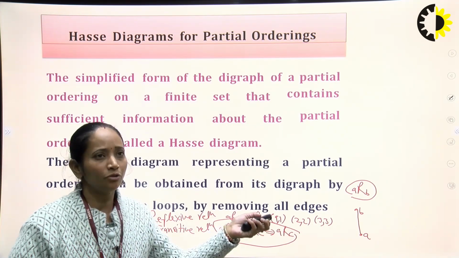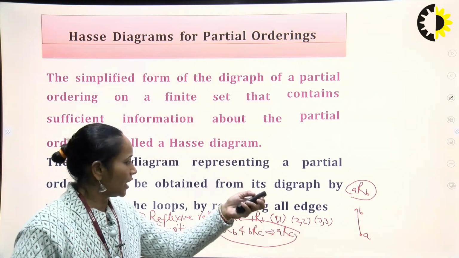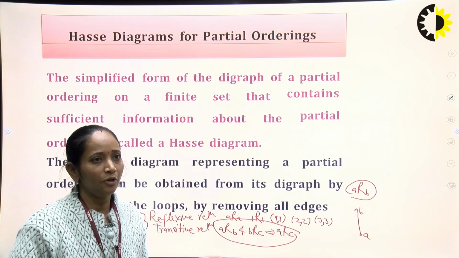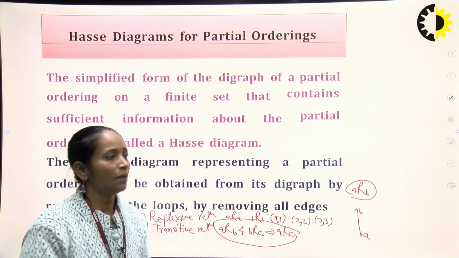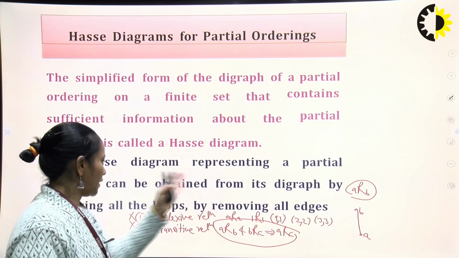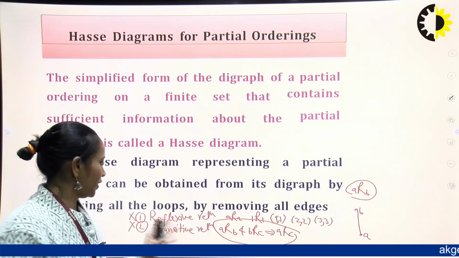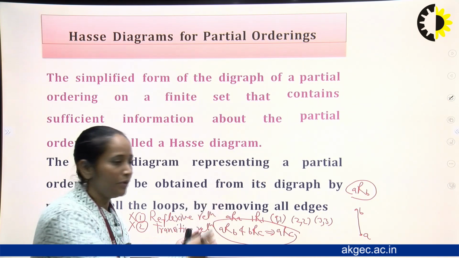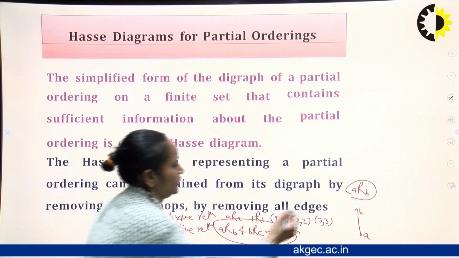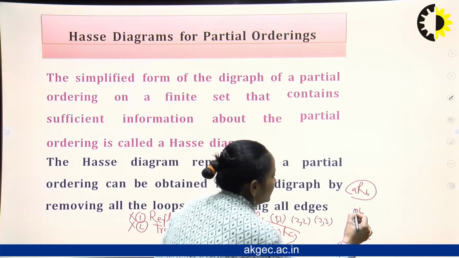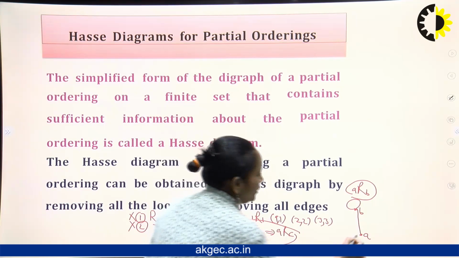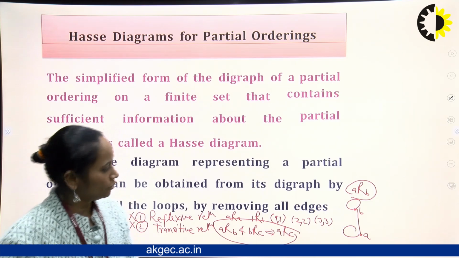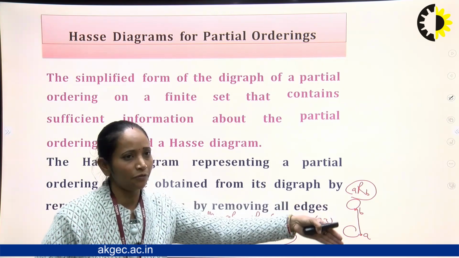As I already told you, from the directed graph we have to create the Hasse diagram. For creating the Hasse diagram from the directed graph, we have to consider these points. If there is a reflexive relation, we have to remove it. Reflexive relation means a self loop: A is related to A, B is related to B. We have to remove such relations.